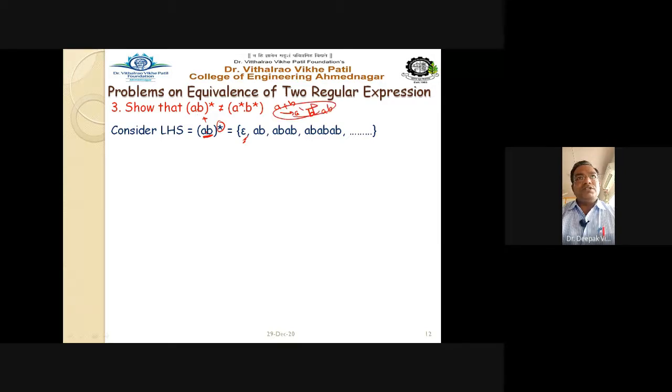But here, which operator? Dot operator. Dot means multiplication, or concatenation, or an AND operator. AND means A and B, so always A and B there, and its closure, its Kleene closure. So a single occurrence of AB, then AB, AB, then AB, AB, AB, then AB, AB, AB, AB, in this particular format.